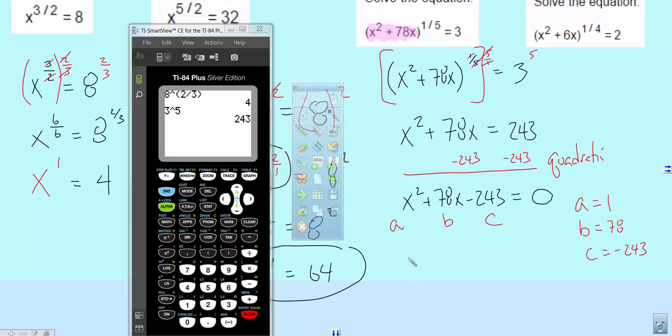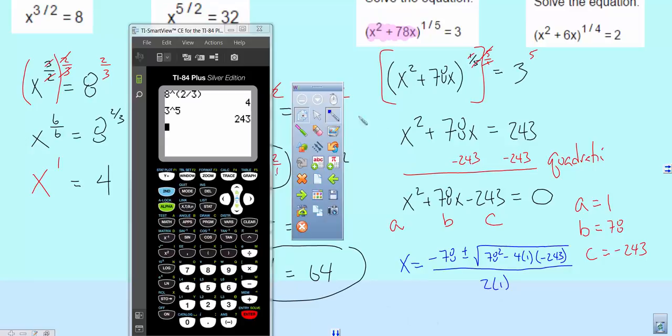So we start plugging things in. Alright, let's change to blue. So x is equal to negative 78 plus or minus the square root of 78 squared minus 4 times a times c, all of that over 2a. Okay, remember what I asked before? I asked that, to be safe, we plug into our calculator what's on the numerator.